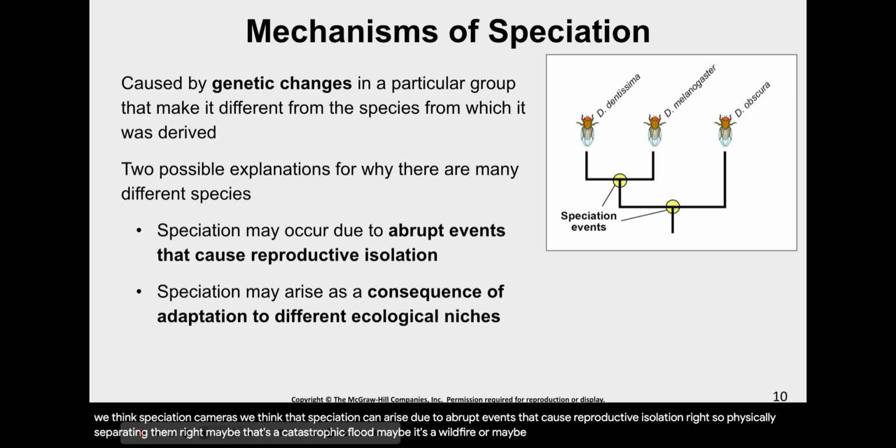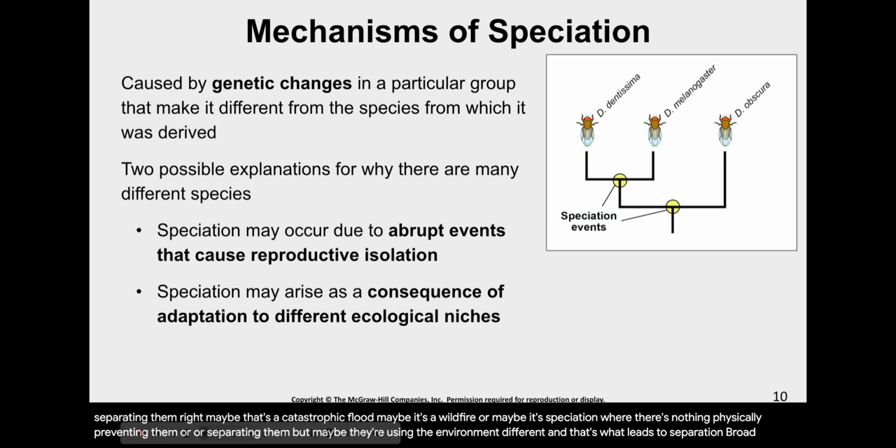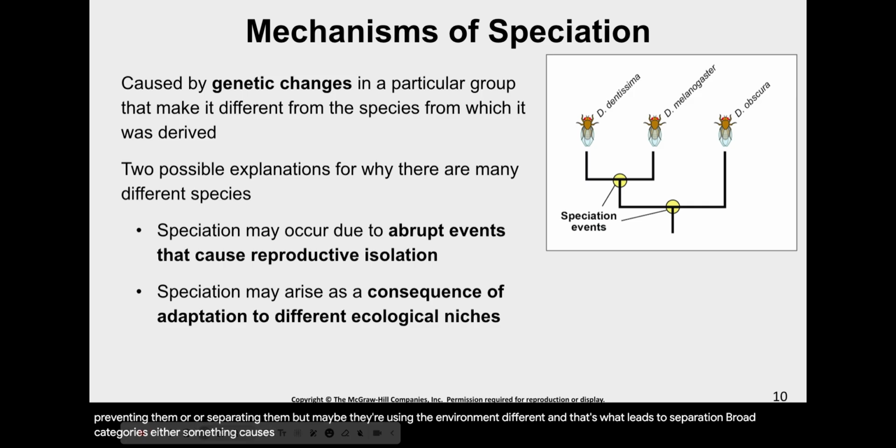Or maybe it's speciation where there is nothing physically separating them, but maybe they're using the environment differently, and that's what leads to separation. So there are these two broad categories: either something causes separation within the population, or they're just using their environment differently.